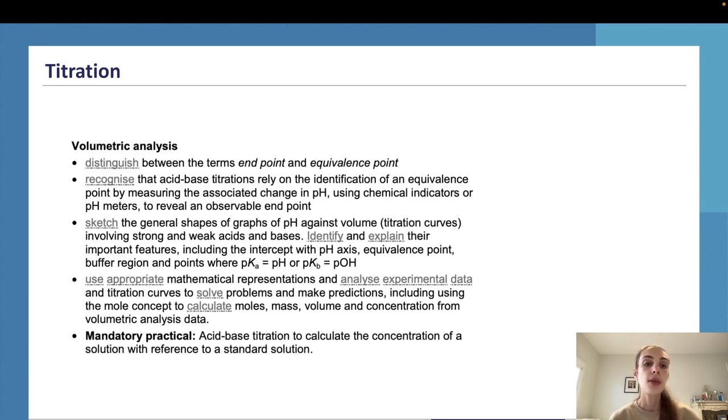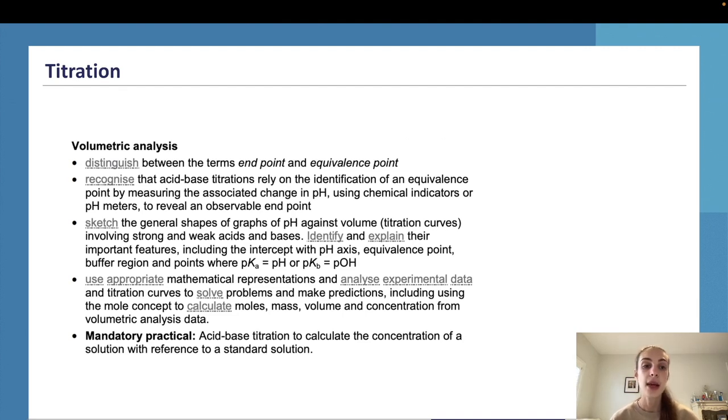We also want to be able to recognize that acid-base titrations rely on the identification of an equivalence point. This is by measuring the associated change in pH using chemical indicators or pH meters to reveal an observable endpoint.